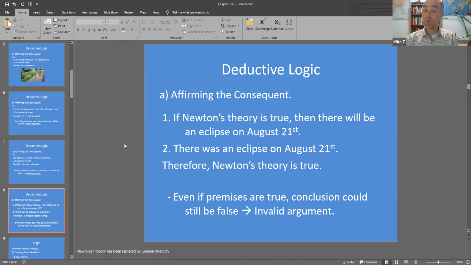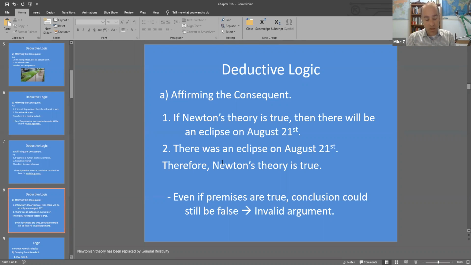Well, let's say that there was an eclipse on August 21st, which there was a few years ago. So therefore, Newton's theory is true. So what this argument looks like is we've got a theory that made a prediction. The prediction came true. So therefore, the theory must be true because the prediction based on the theory came true.